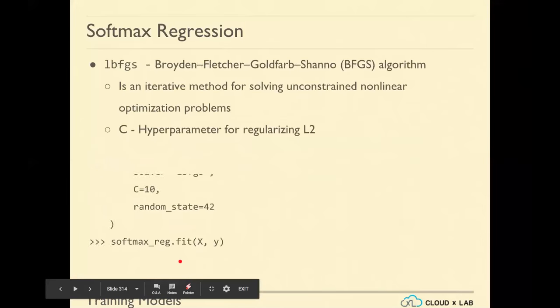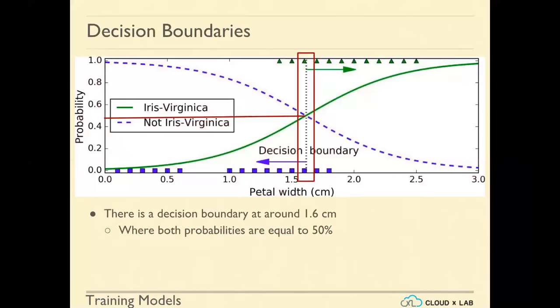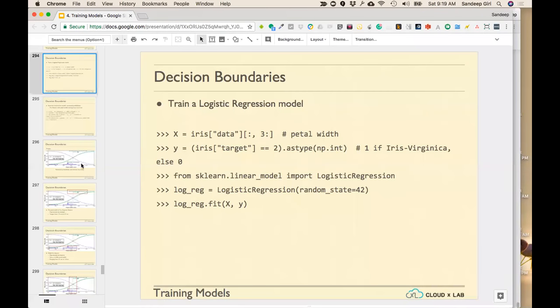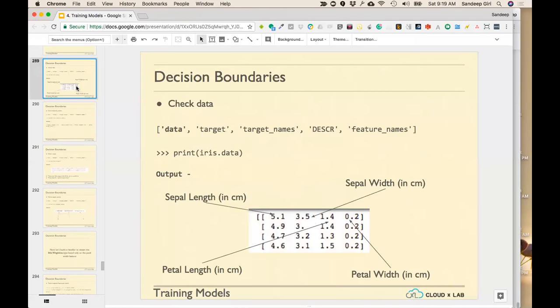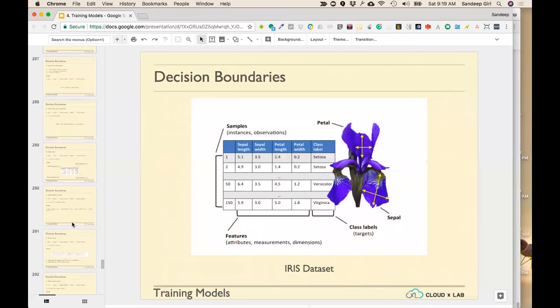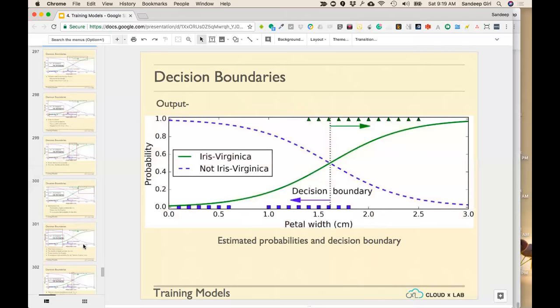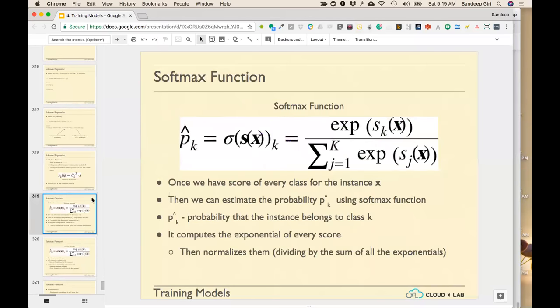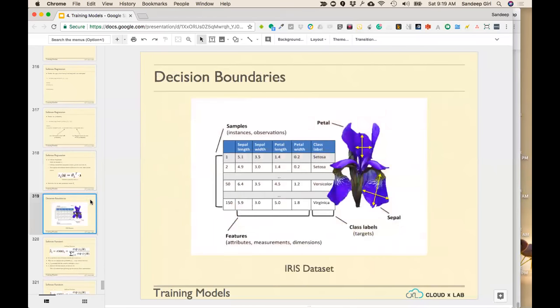Now, let me go back. I think I need to show you the data set again. That is important. I'll get the data set here. Okay, so here we are.